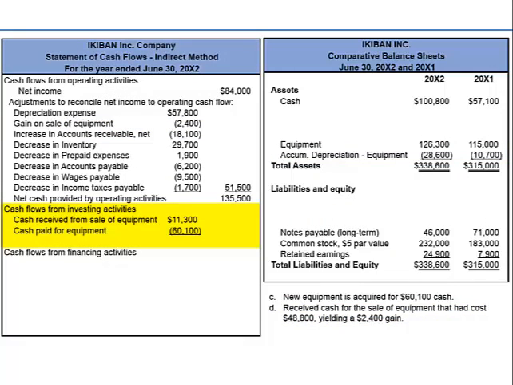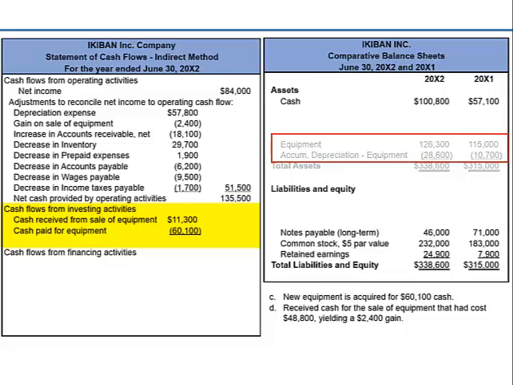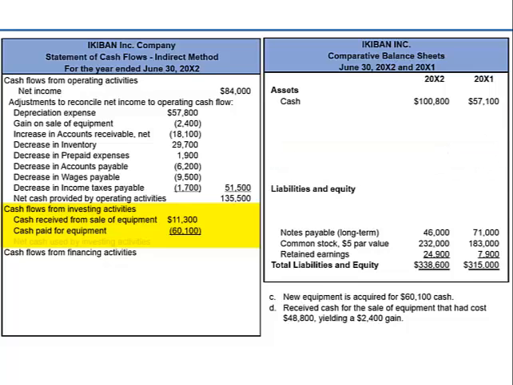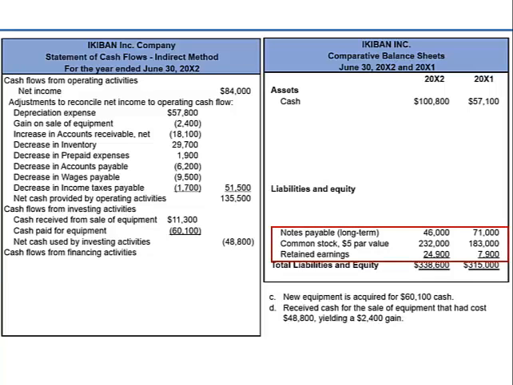Cash received from sale of equipment, $11,300. We've now fully explained the change in both the equipment account and the related accumulated depreciation. Net cash used by investing activities is $48,800. When you look at the balance sheet, the only accounts that have not yet been fully explained are long-term liabilities and/or stockholders' equity accounts.